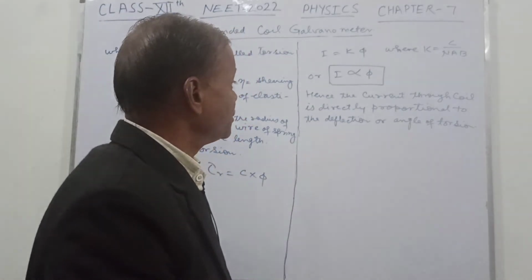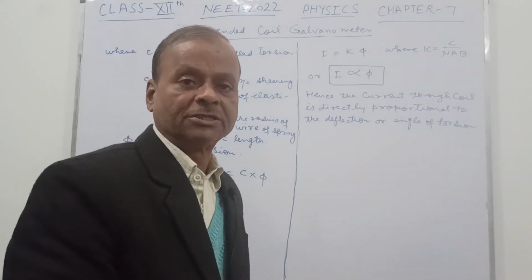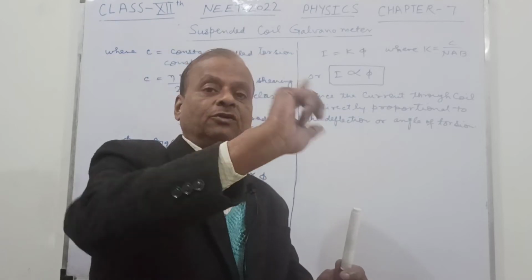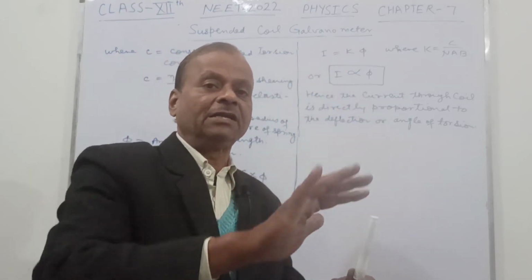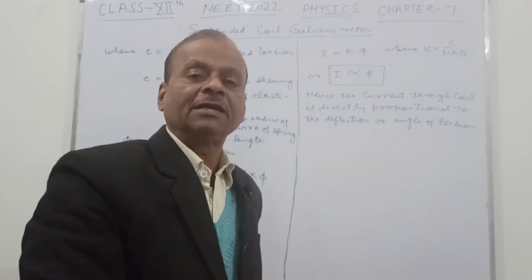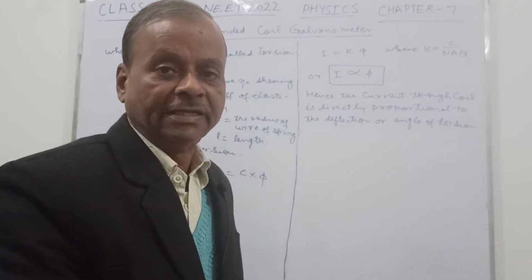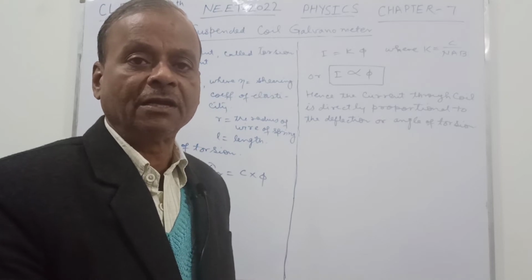But this phi is not measured directly. Suppose this is the spring and it takes some torsion in this direction, then how much angle is to be taken? This cannot be measured directly. So to measure this angle of deflection, we use the lamp scale arrangement.